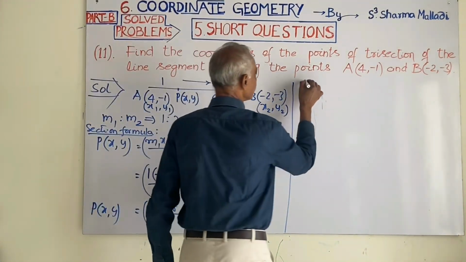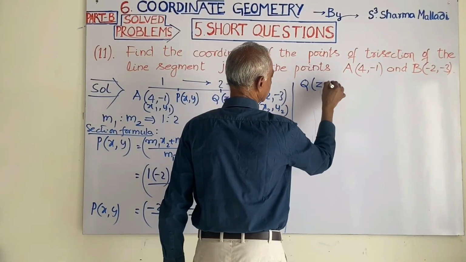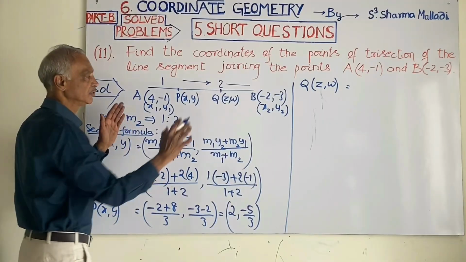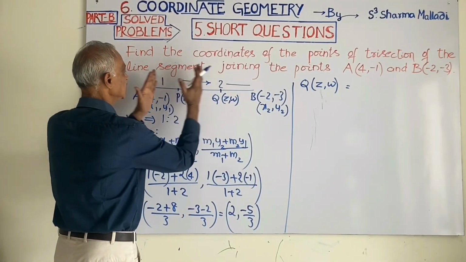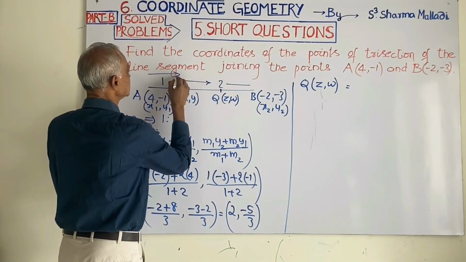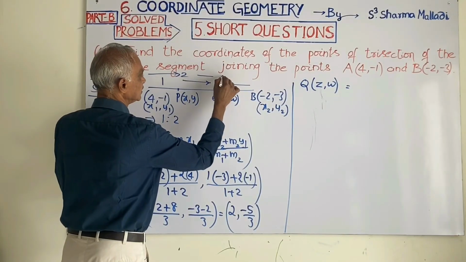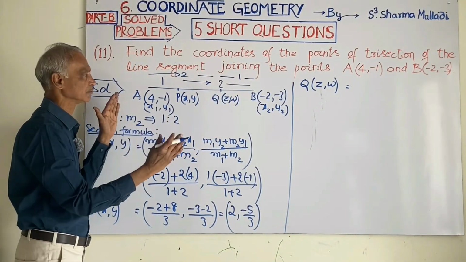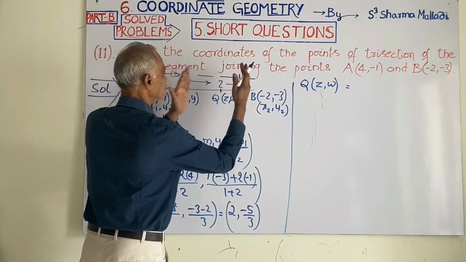Now we have to find Q(z, w). For this point, you have to take this as 2 and this as 1, because this point divides the line segment in 2 is to 1 ratio.